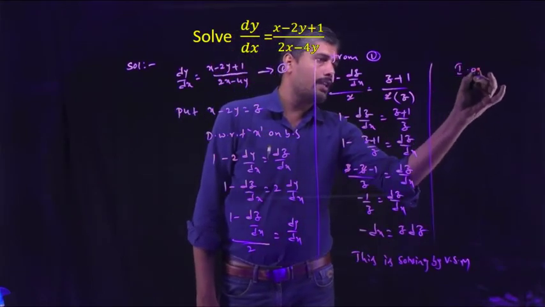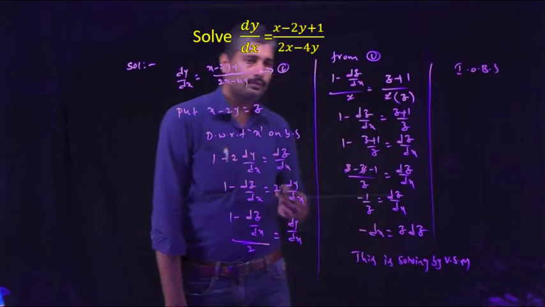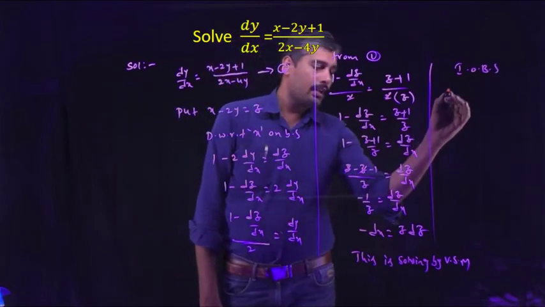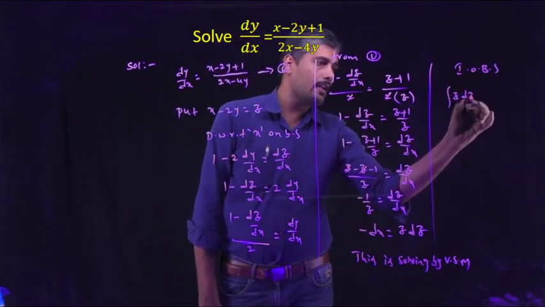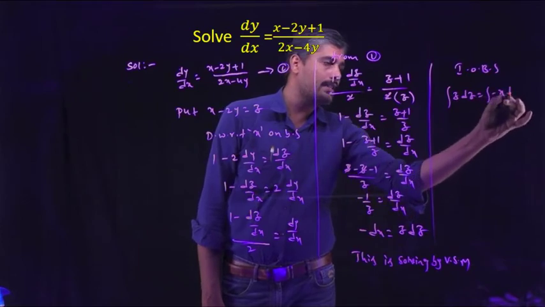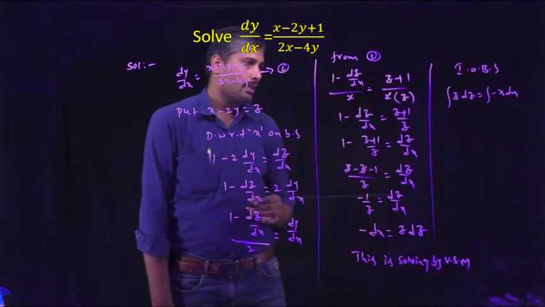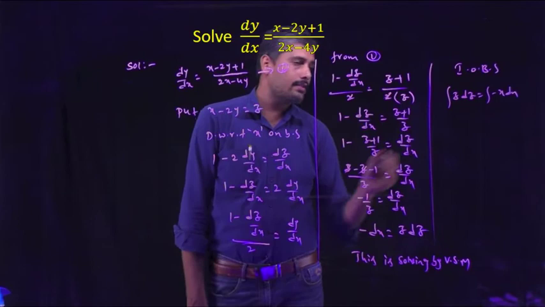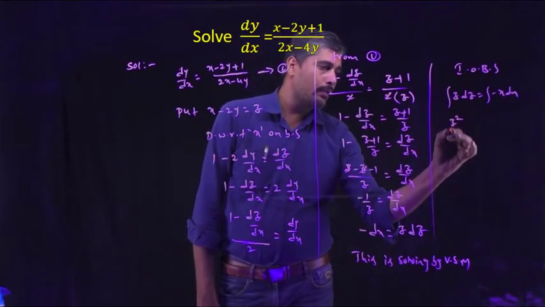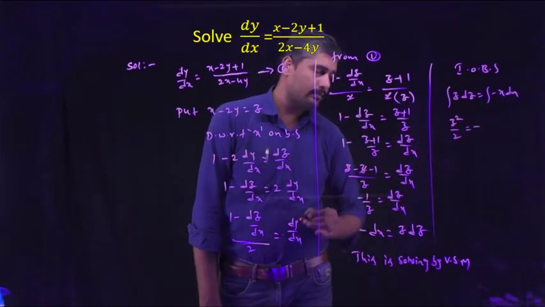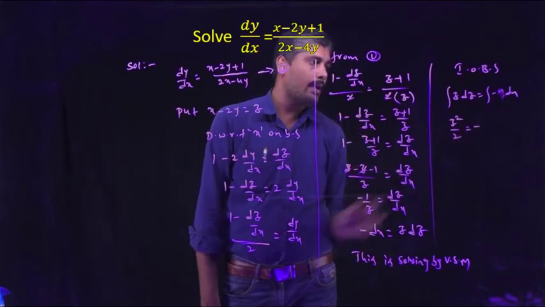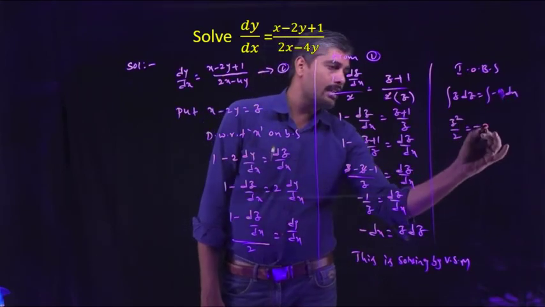Then we get integral z into dz equal to integral minus dx. We know that integral z is z square by 2 equal to minus, sorry, here only minus dx, that is minus x plus c.